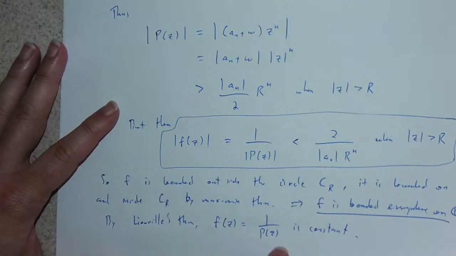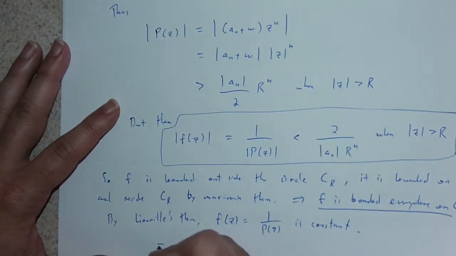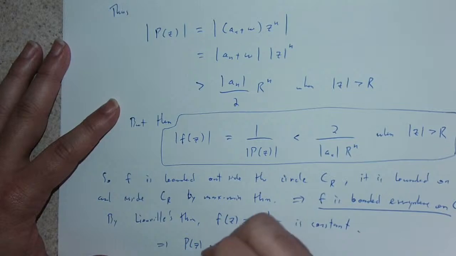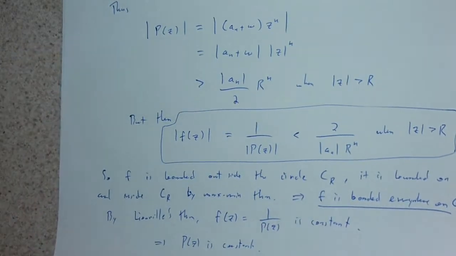But if F is constant, since this is just 1 over the polynomial, this implies that P of z is constant. But P of z is just a polynomial, right?